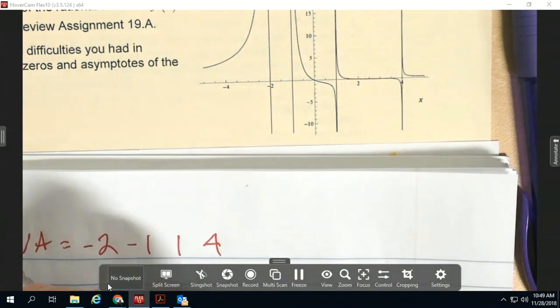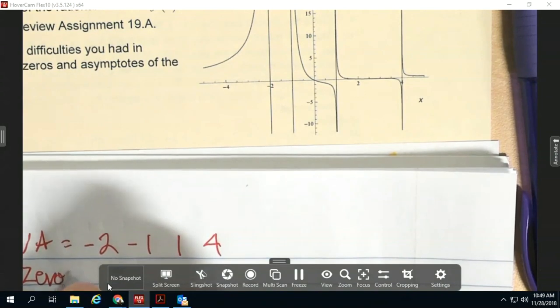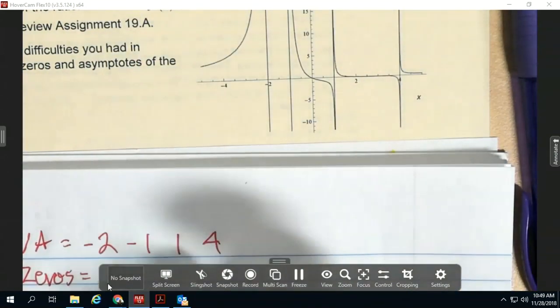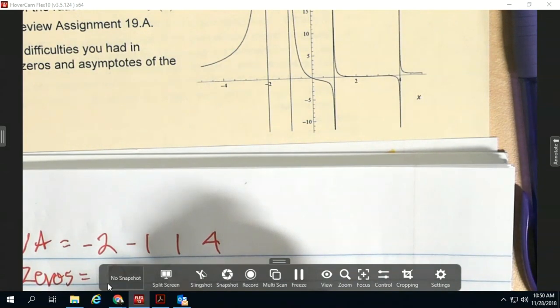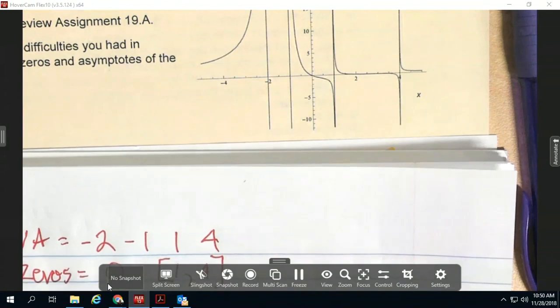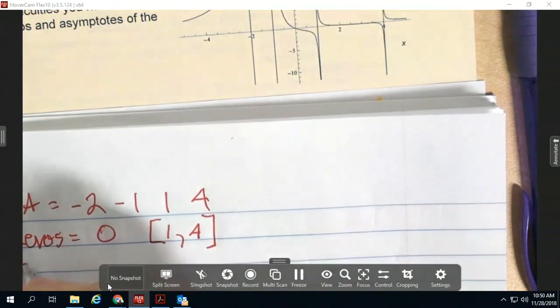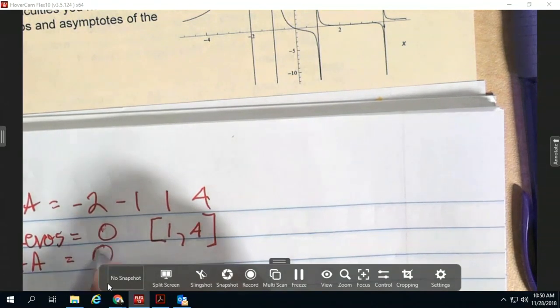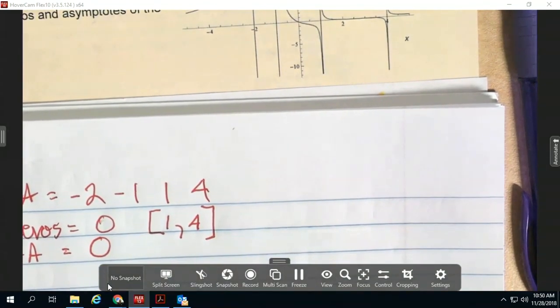We have zeros, so that would be at 0, and then one more someplace between like 1 and 4. We've got a horizontal asymptote at 0.